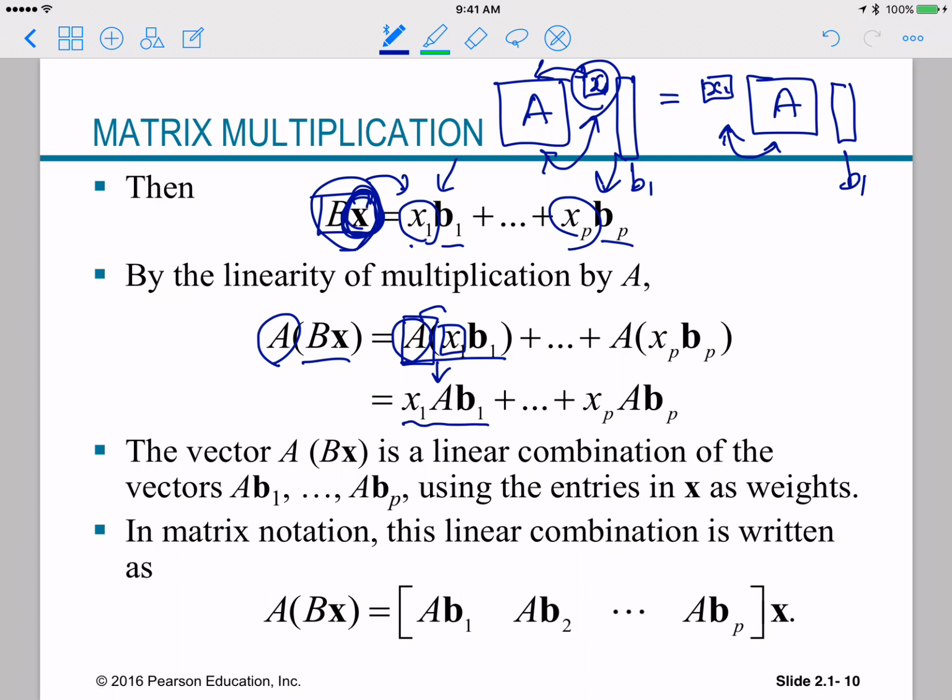So let's think about the size of a matrix. Suppose A was 5 times 3, and then X was something like 3 by 2, which is a matrix, not just a scalar.